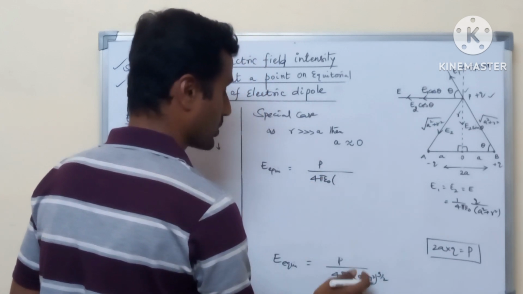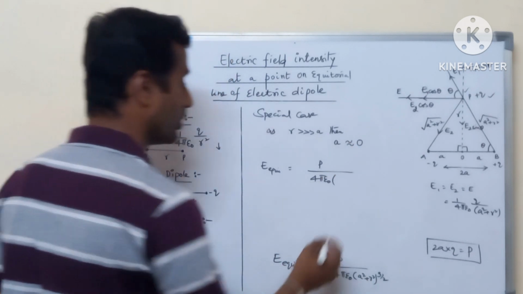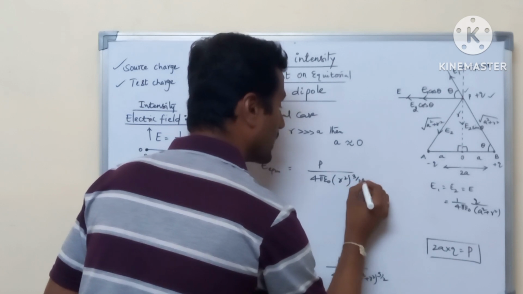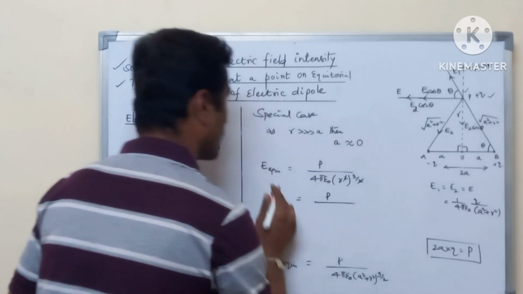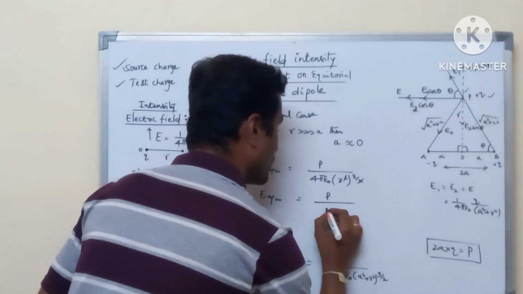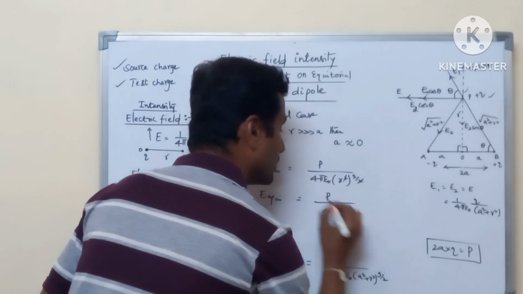Here a square is approximately equal to 0, and r square whole to the power of 3 by 2, here the 2 gets cancelled. Therefore E equatorial is equal to P divided by 4 pi epsilon naught into r cube.